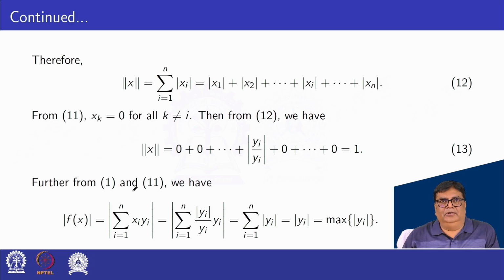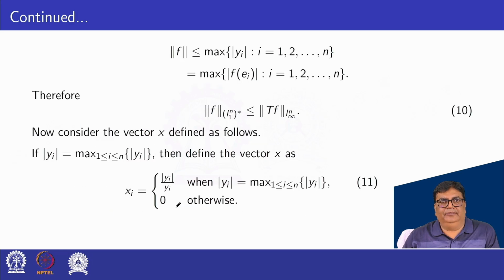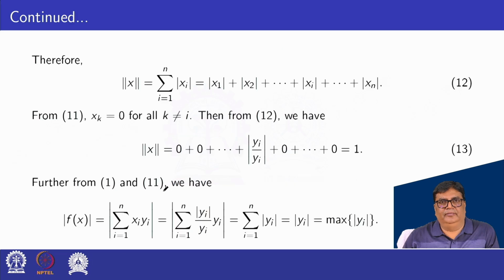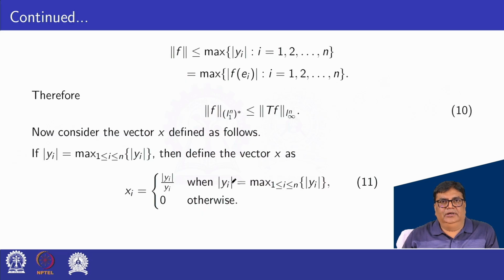Further from equation 1 and 11, we have mod fx is equal to mod summation xi yi equal to mod summation of mod yi upon yi times yi, because here we put the value of xi from equation 11. The yi cancels, that is we have summation i equals 1 to n mod yi, that is mod yi, because here mod yi is max of yi, and the others are 0.